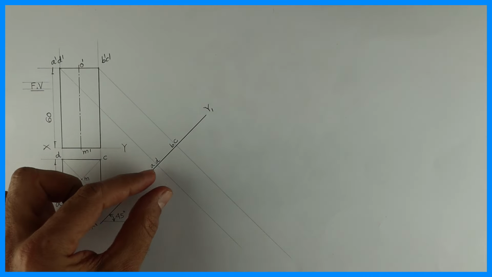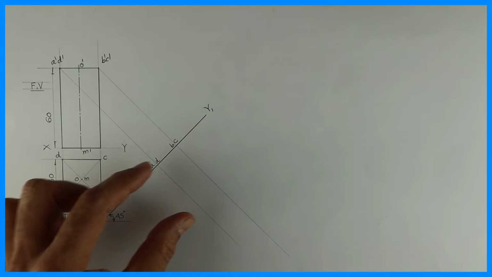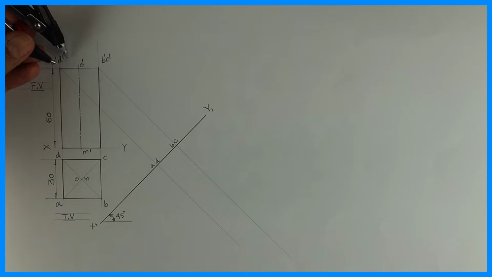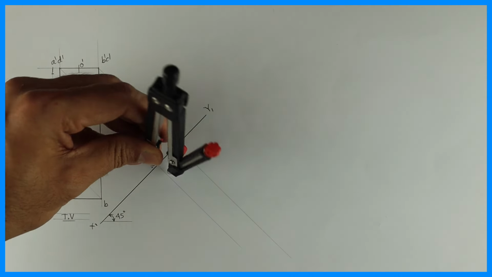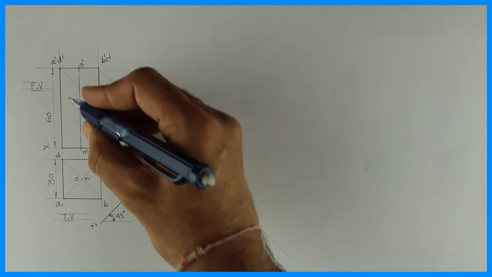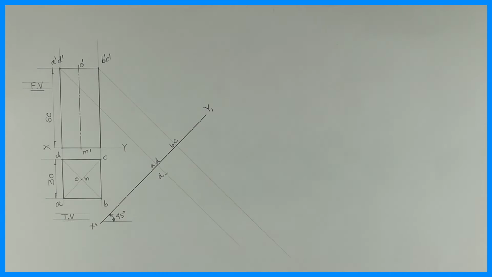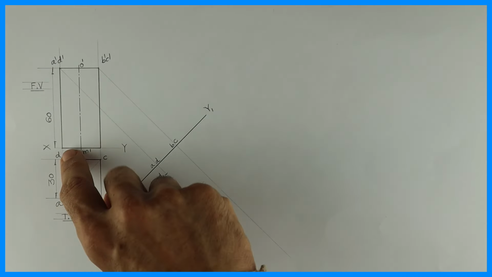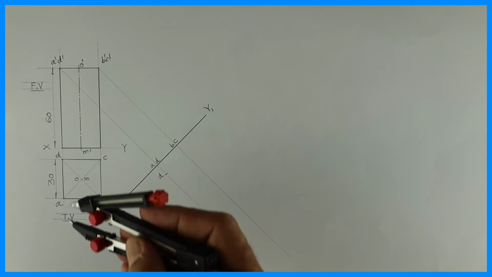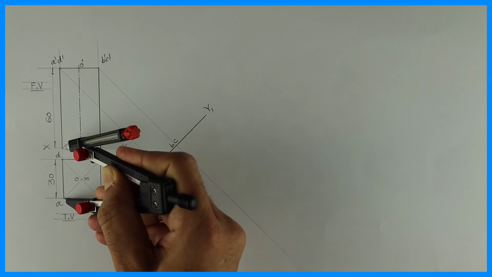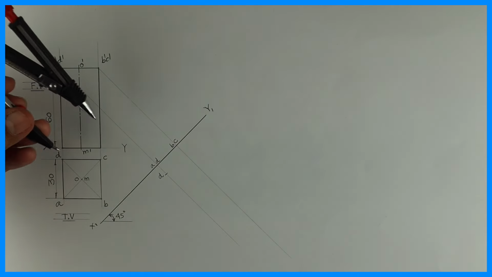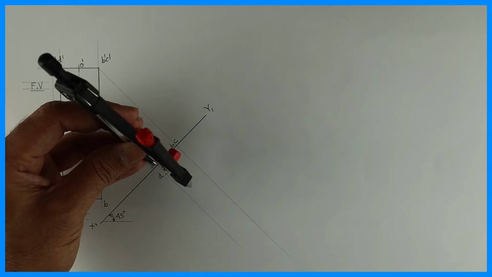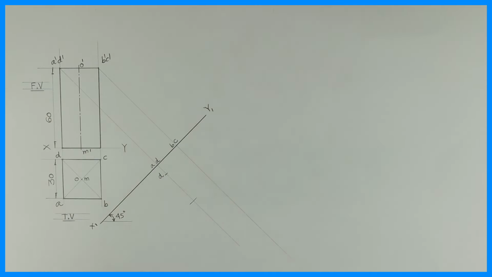Take XY to D in your compass, and on this line mark point D. Same way, take XY to A, which you see in the front view, and from point A you cut over here. So this is A.